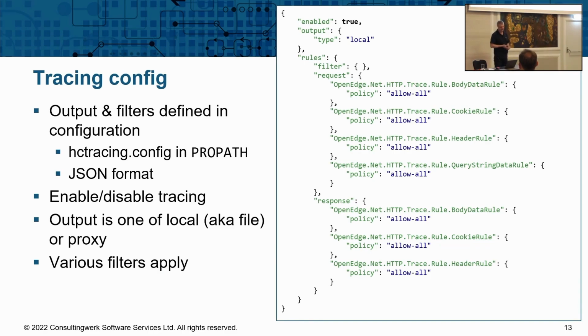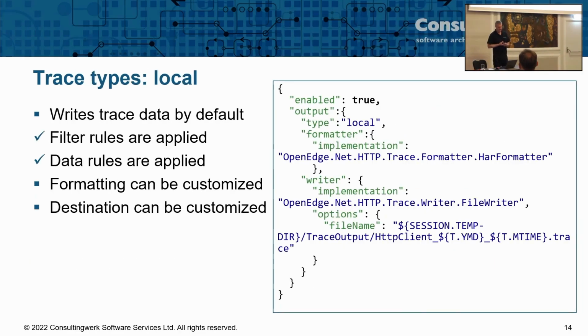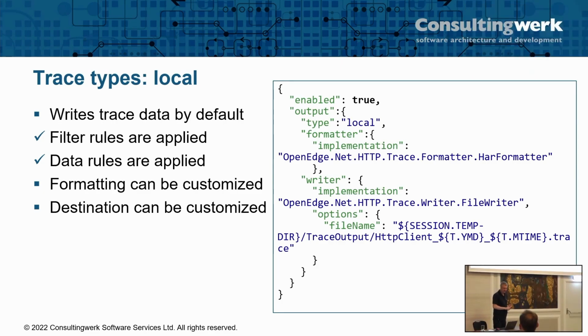All right, so trace files local. Again, by default, this is kind of a minimal set. It just traces everything. It writes to disk in a couple of ways, right? We have two options. One is a formatter, one is a writer. They do what they say, right? One says, I've got a trace set of data for this trace, for these requests.